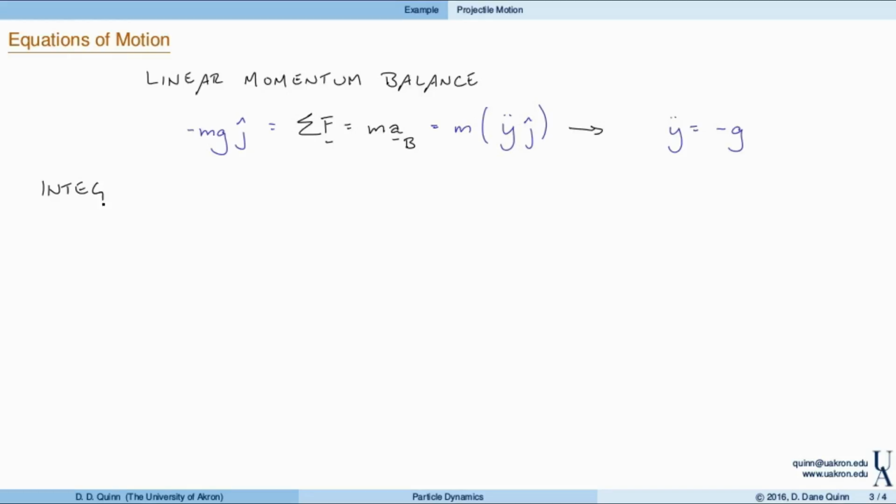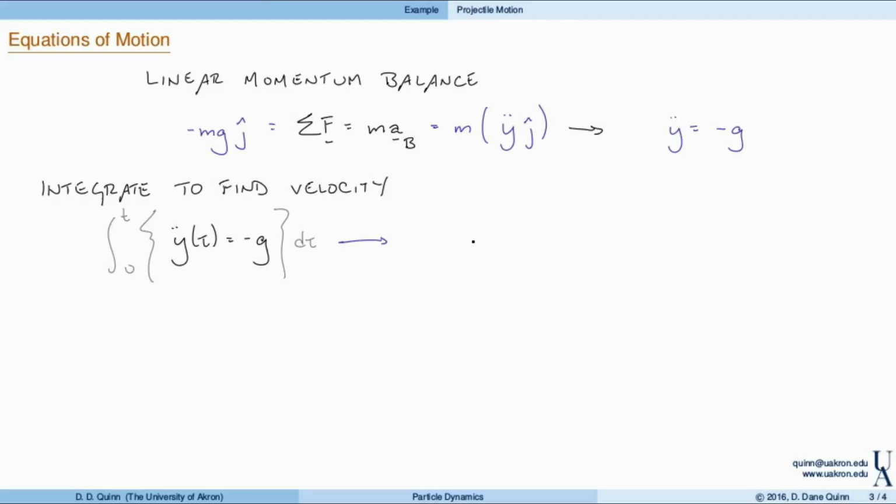In order to find the response, we'll integrate to find velocity. So here, y double dot, and we'll use tau as the dummy variable in the integration from 0 to t, d tau, gives the following. y dot at time t minus y dot at time 0.